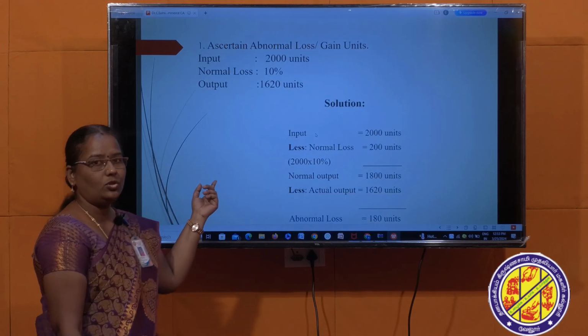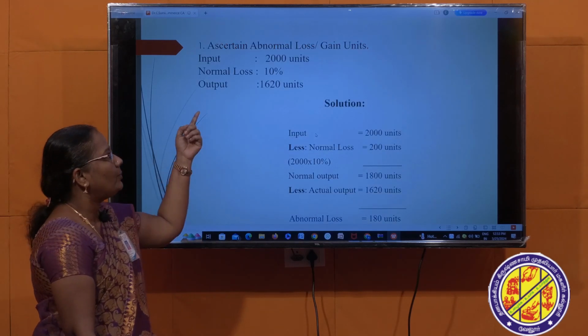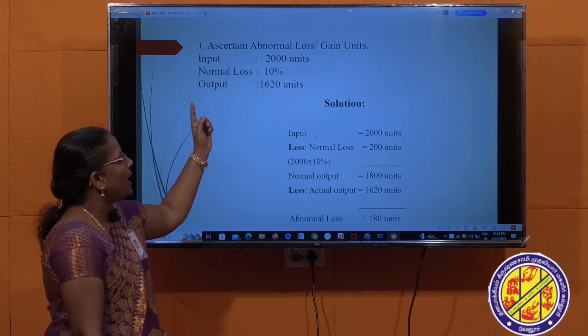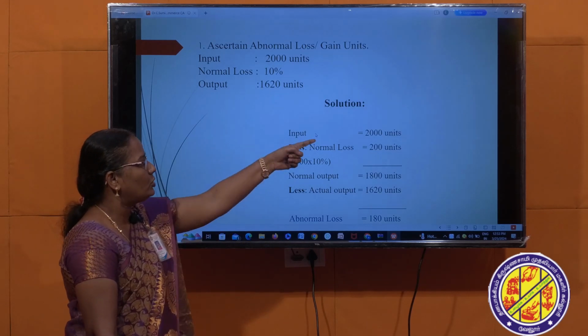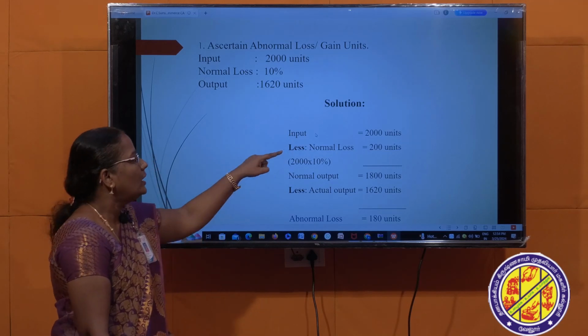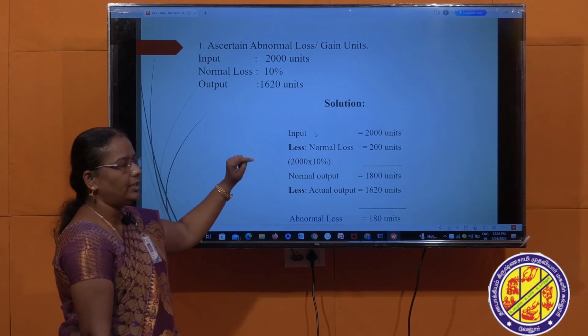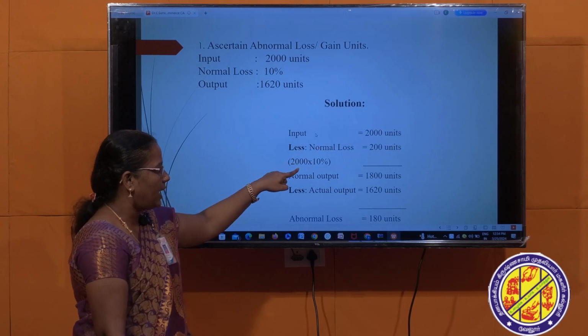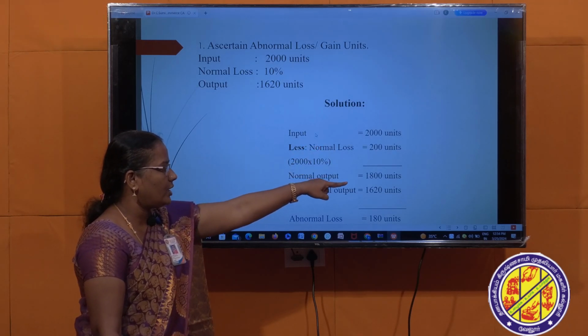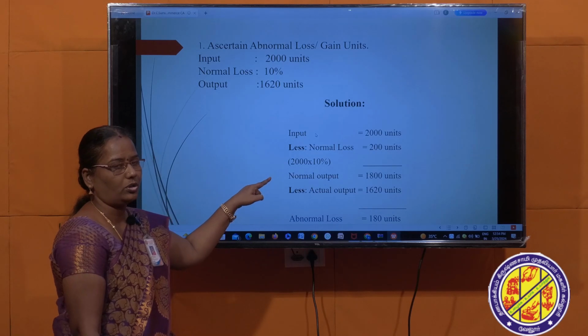We can go for the 2 mark sum: how to calculate the abnormal loss or abnormal gain. This is the format here. We have to put the input 2000 units less normal loss. According to that format, normal loss should be calculated on the input only. So, 2000 into 10% gives 200 units. Less, means 1800 units, it is the normal output.